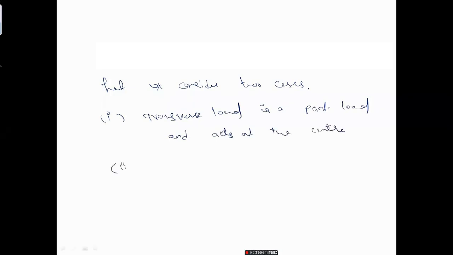The second case is that the transverse load is uniformly distributed.